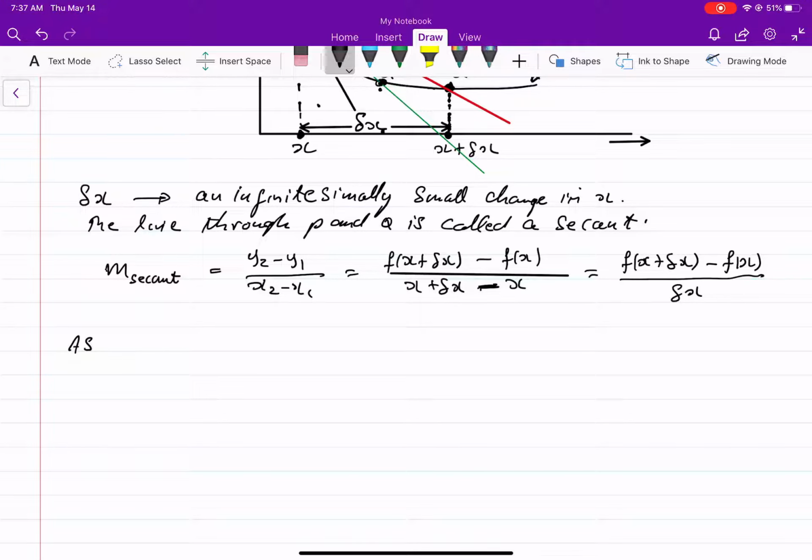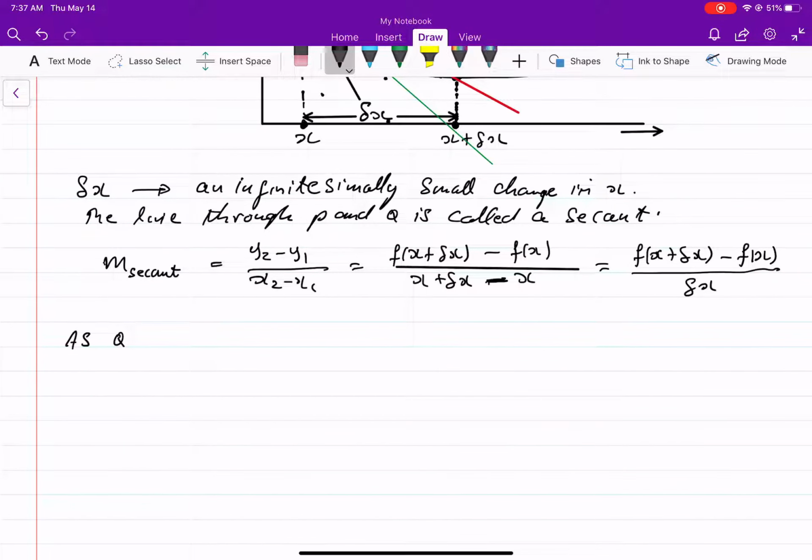As Q approaches P, delta X approaches 0. See, delta X is getting smaller and smaller. And the secant PQ approaches, figured it out?